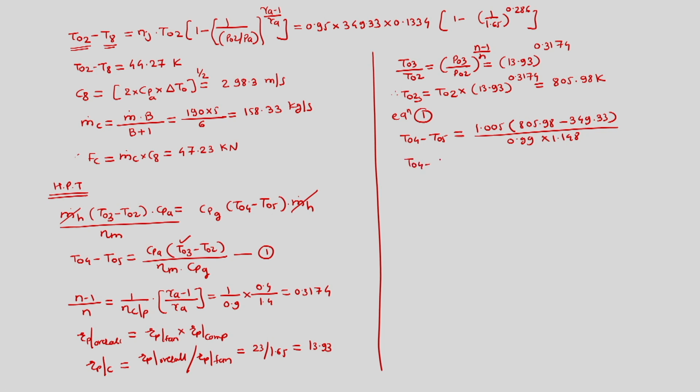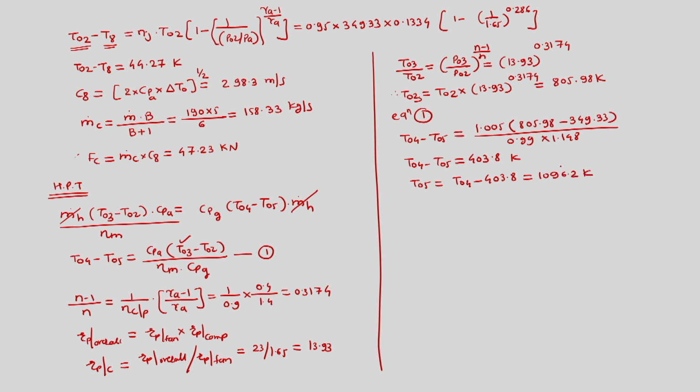So T04 minus T05 is equal to 403.8 Kelvin. So T05 is equal to T04 minus 403.8, and we know T04, which is given as 1500 Kelvin.